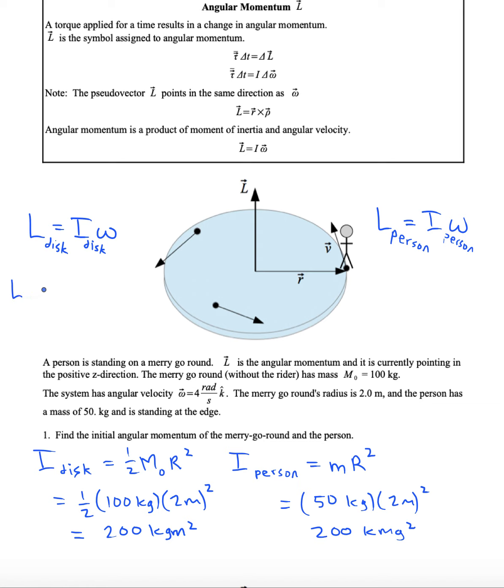Okay, so the angular momentum here is going to be 200 kilogram meters squared times 4 radians per second. That's an initial angular momentum of 800, and the units are kilogram meters squared per second.